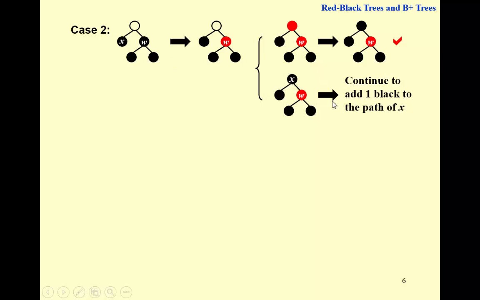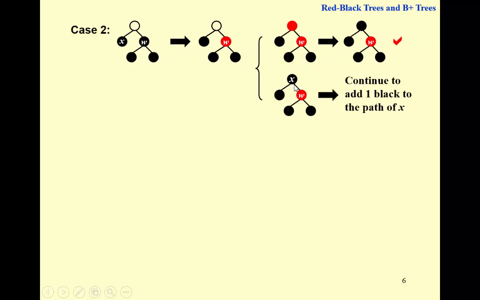Let me explain it. It's like we keep a pointer pointing to the node and we define that node to be X in the sense that we would always try to add 1 extra black node to the path of X. In this case, we just move our X pointer up, pointing to its parent.